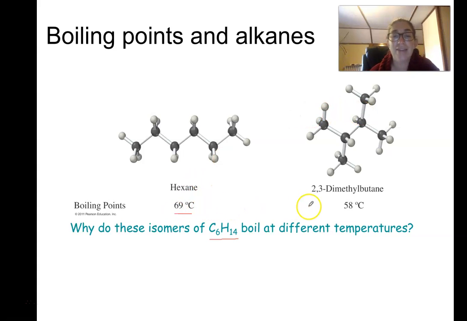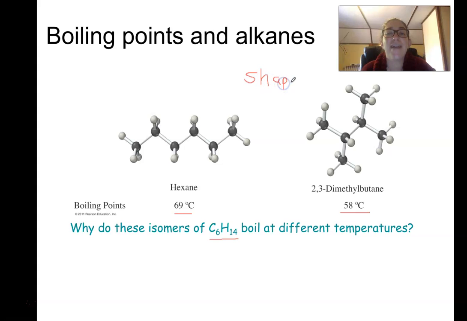Hexane has a boiling point of 69 degrees Celsius, and 2,3-dimethylbutane, this isomer of hexane, has a boiling point of 58 degrees Celsius. So why is that? All right, it has to do with their shape. Okay, so shape also matters.